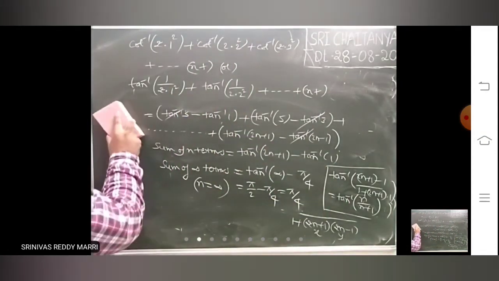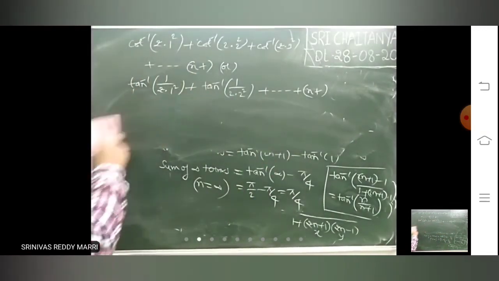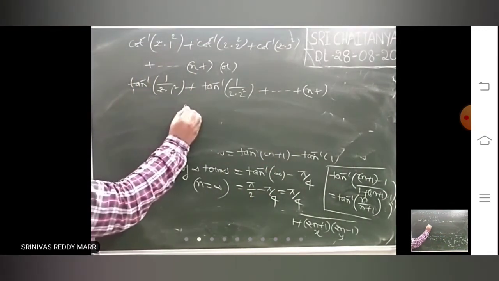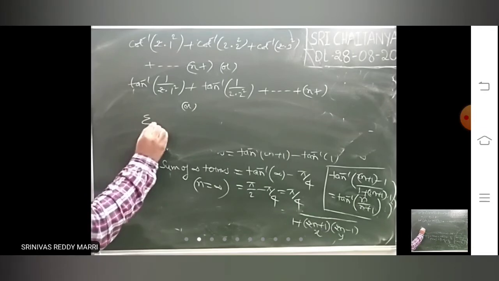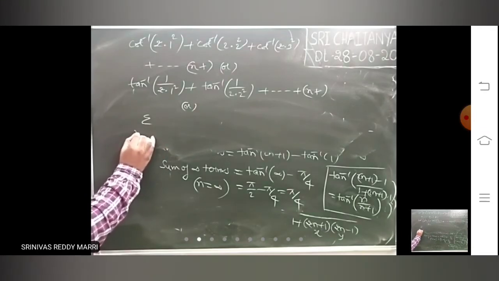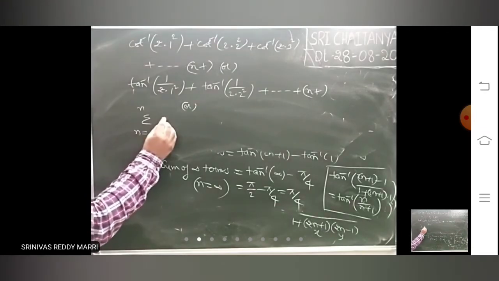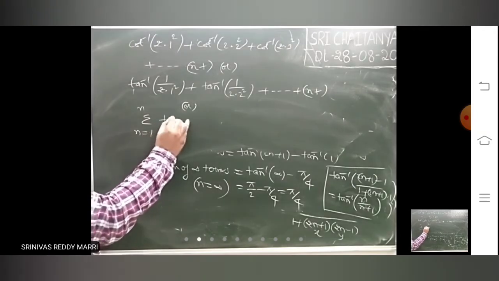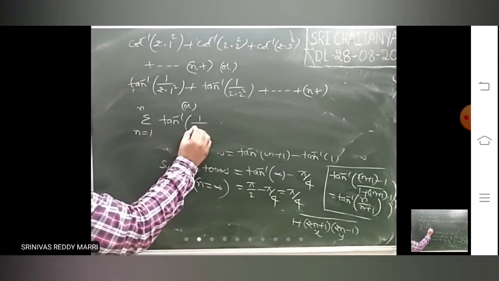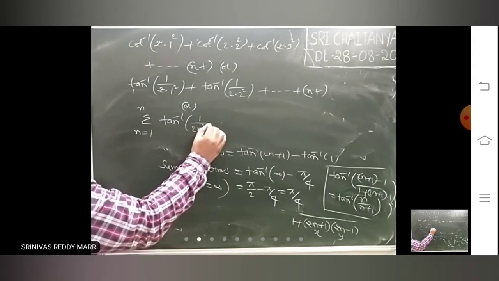In terms of the formula, or in sigma, it can be asked like this: sigma n equal to 1 to n tan inverse 1 by 2n square.